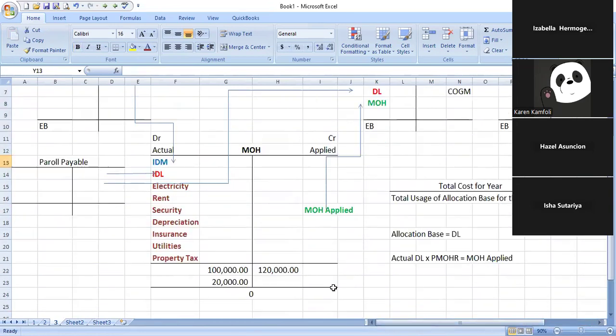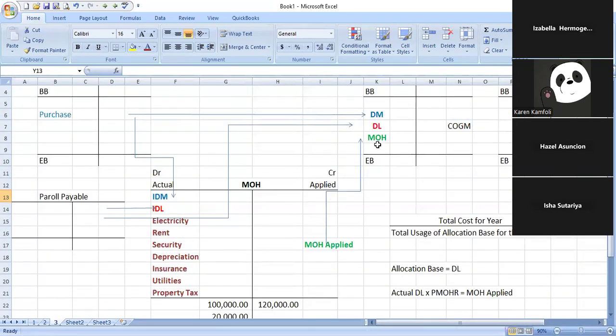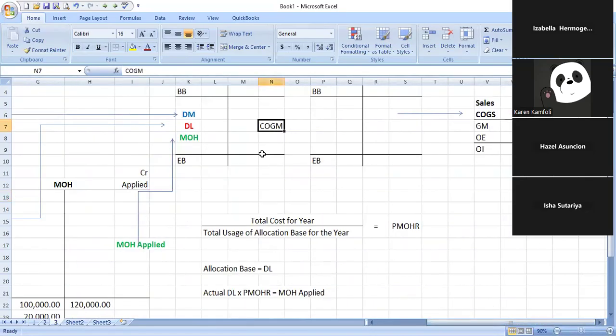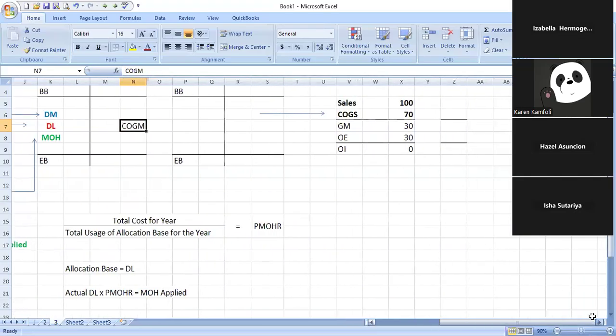Let's see what I'm doing. I'm over applying manufacturing overhead. So if I'm over applying manufacturing overhead, my product is overcosted. If my product is overcosted, my cost of goods manufactured is overstated. That means my cost of goods sold is overstated as well. Where is my operating income, overstated or understated in this case?